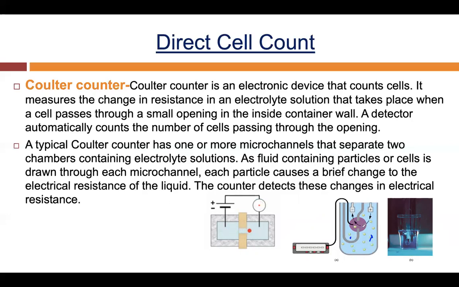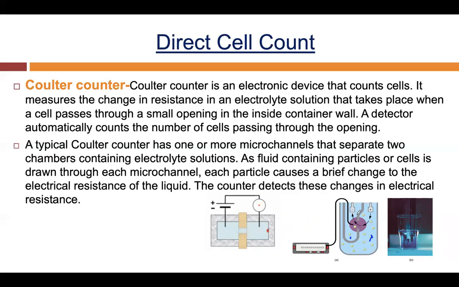At the opening between the large and small chamber, we place a detector. It's called a resonator. It is aligned with the size of the electrolyte particles. So anything different from the electrolyte particles, like a bacterium, this resonator can detect.